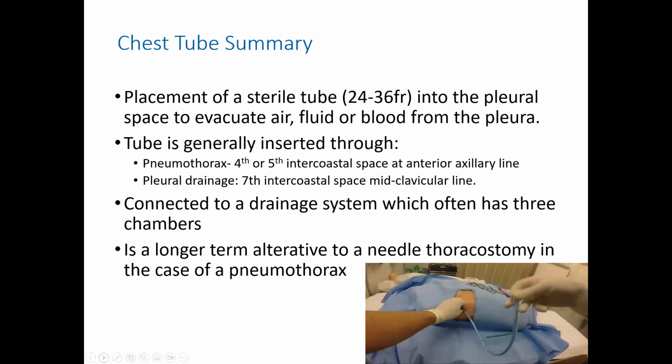Chances are, a good chance that when there's discussion in the exam, the ACCS exam, on chest tubes, it's on placement, yeah, that's fine, but also why it's being put in. And you can expect them to expect you to be able to recognize the key signs and symptoms of a pneumothorax, as well as some of the treatments, including the placement of a chest tube, including where that chest tube should be placed.